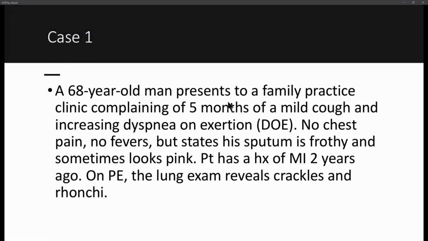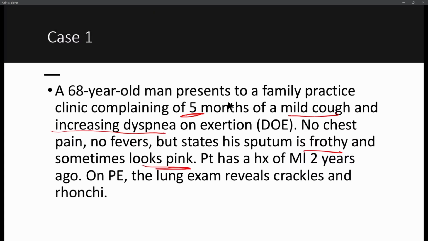So first case, 61-year-old man presents to family practice complaining of 5 months of mild cough and increasing dyspnea on exertion. So obviously he's progressing, he's getting worse with his breathing. No chest pain, no fevers, but states his sputum is frothy and sometimes looks pink.